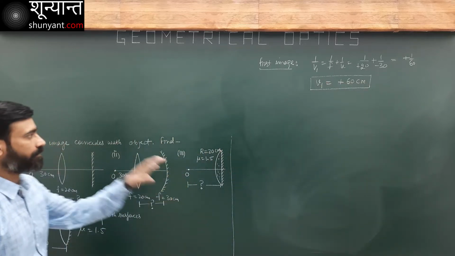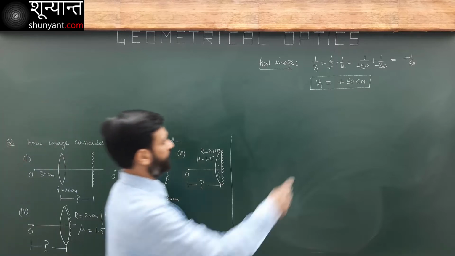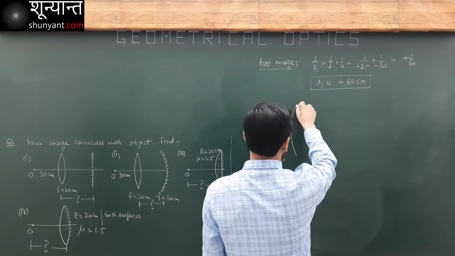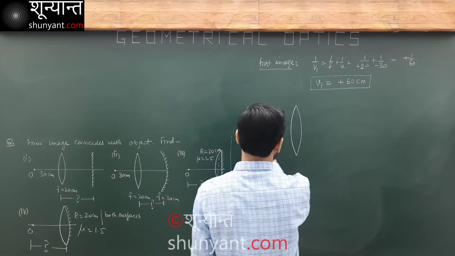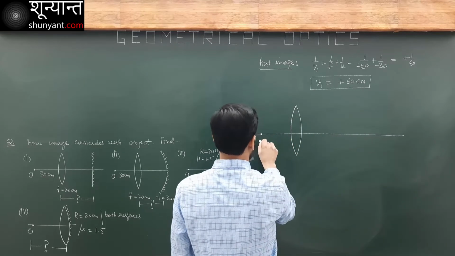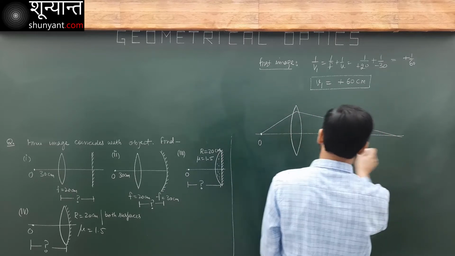Now let's draw the ray diagram. Here is my object, and this is going to be the image.